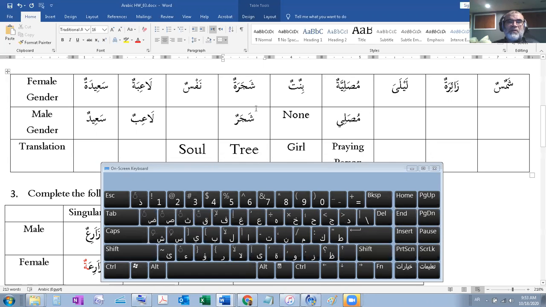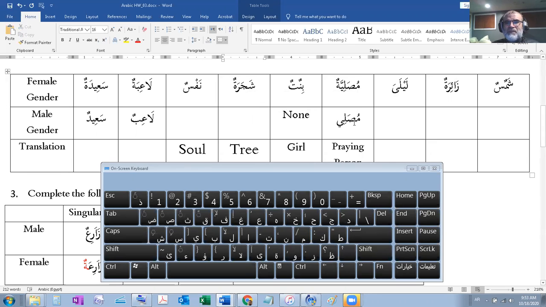Now, for the sake of God, is there a female tree and a male tree? It's only a tree. And the name of the tree in Arabic is a feminine name. So this is not applicable.